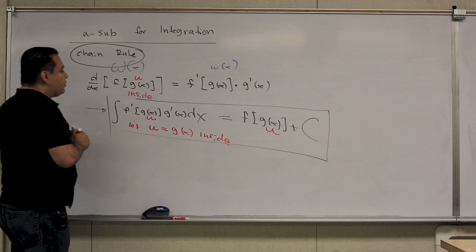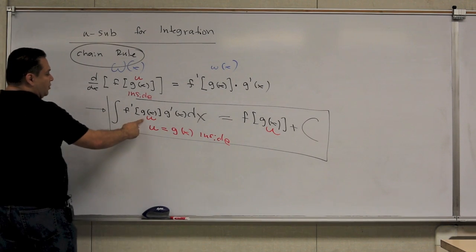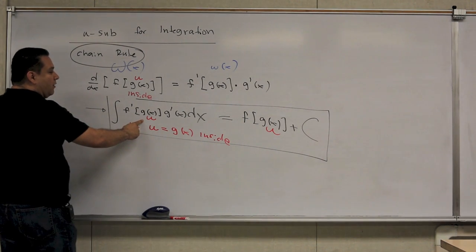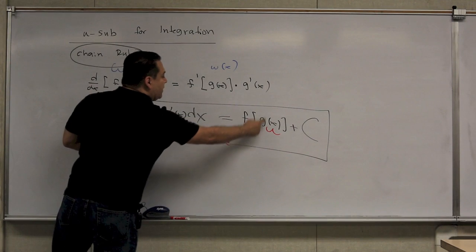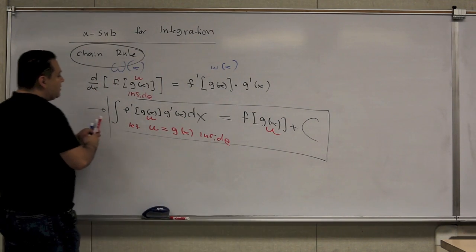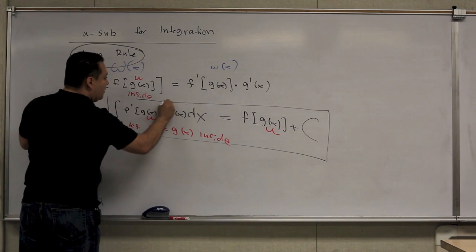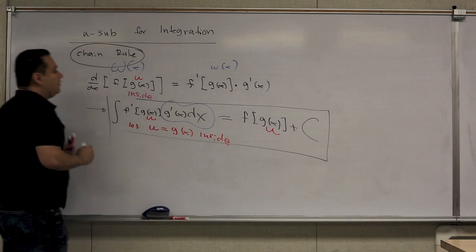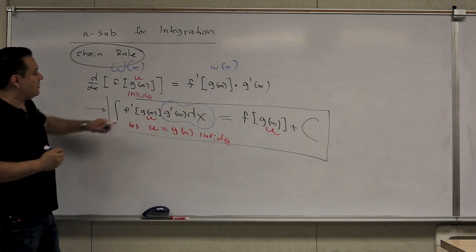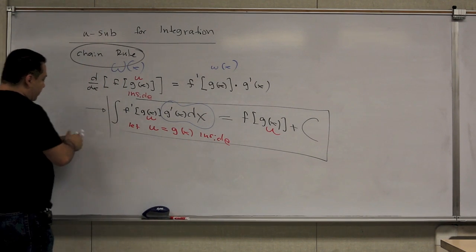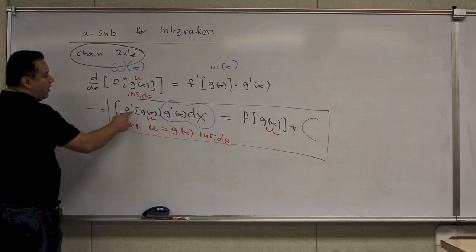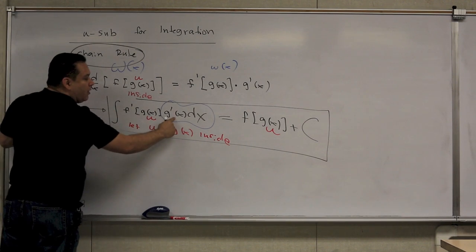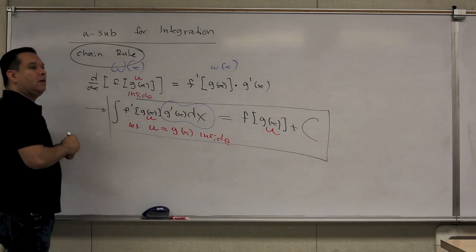But then the real question becomes, if this is U, my g function, the inside function, I can replace my U there. What is this portion then going to be? We need to know what this is. This is now going to be, believe it or not, the integral of f prime u. But what is g prime x dx?